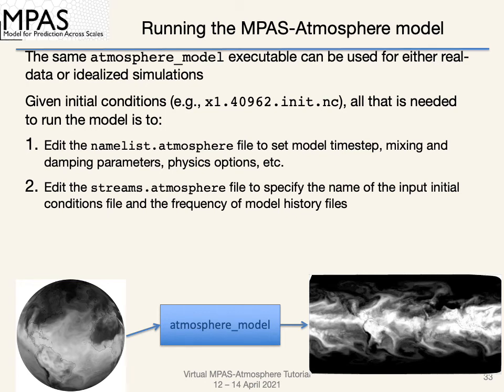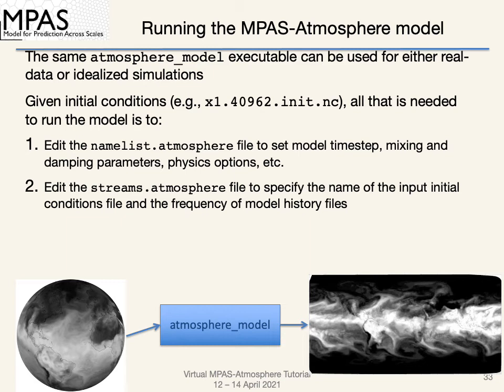The next thing that you'll need to do is to edit the streams.atmosphere file. Notice that when we ran the init_atmosphere model program, the names of the streams and namelist files were namelist.init_atmosphere and streams.init_atmosphere. Now when we run the atmosphere model program, these are called namelist.atmosphere and streams.atmosphere. So we need to edit the streams.atmosphere file to specify the name of the initial conditions file that we prepared, as we described in the earlier parts of this talk.